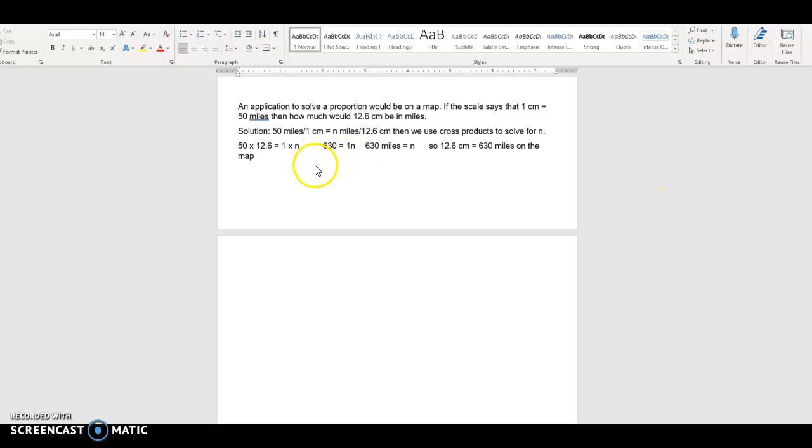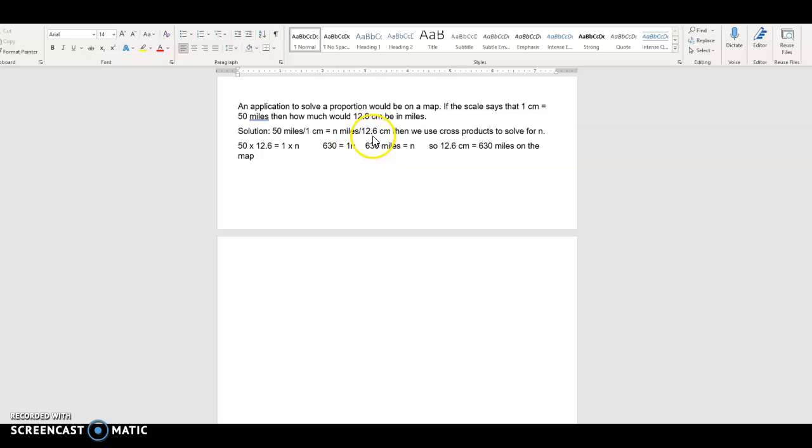Here is another example of basically the same thing. My scale is 1 centimeter is 50 miles. So I have 50 miles over 1 centimeter is equal to n miles over 12.6 centimeters. I just reversed my units of measure from the example that's in your TEAS textbook. So long as I have miles on top on both sides and centimeters on bottom on both sides, I'm still fine. Then just use cross products to solve for n.